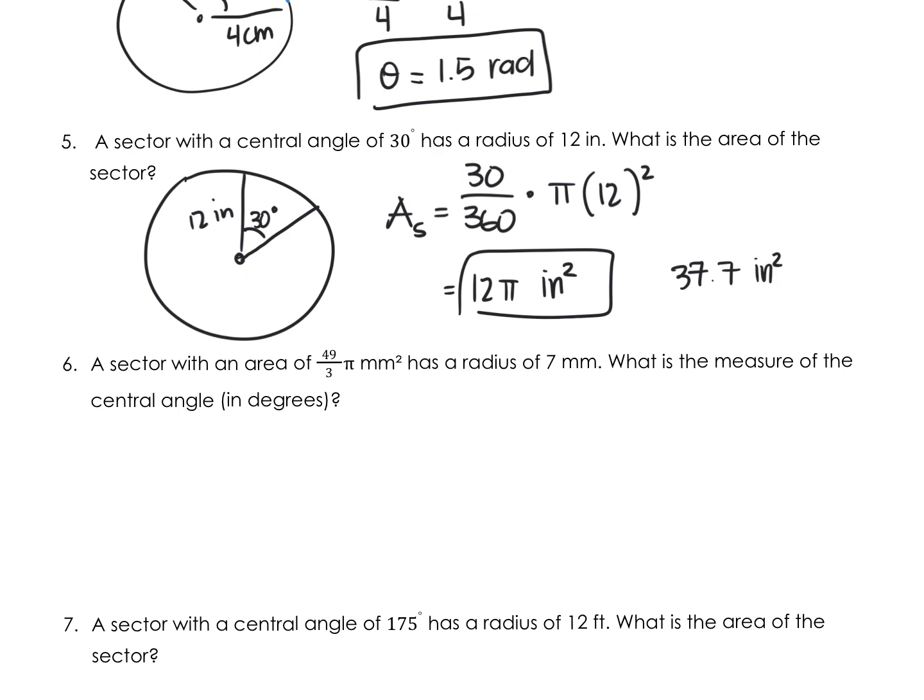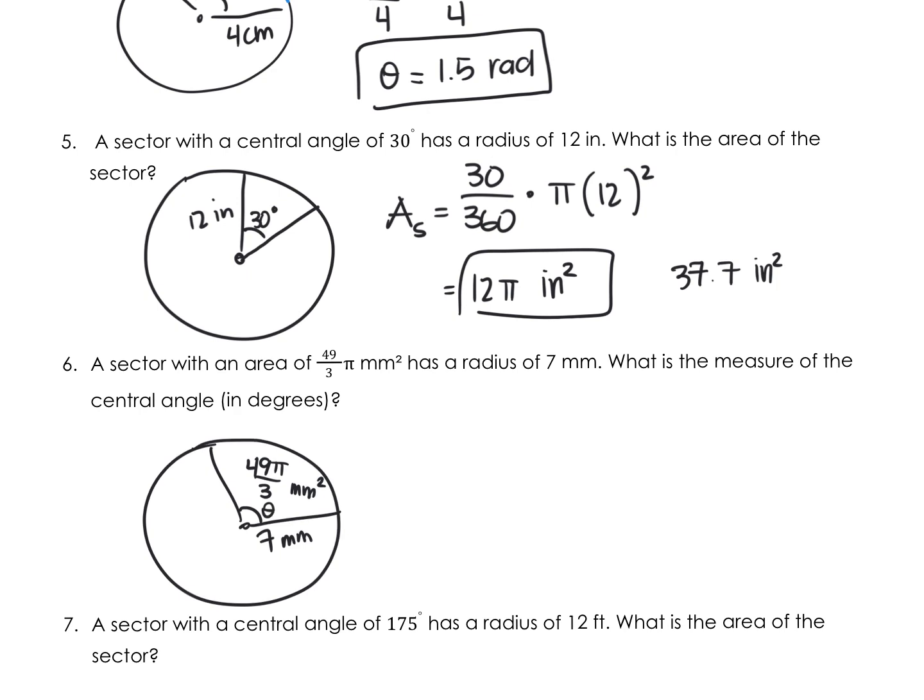We could also work backwards with area of a sector. We have an area of 49 over 3 pi millimeters squared with a radius of 7 millimeters. What is the measure of the central angle? So we have our 7, we know the area is 49 pi over 3, and we're trying to solve for theta.